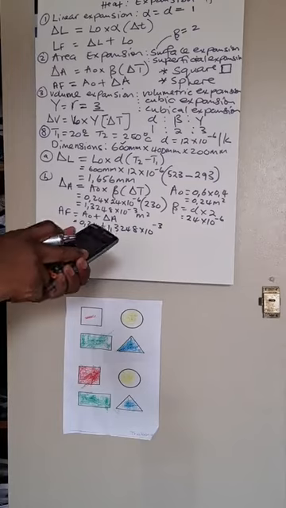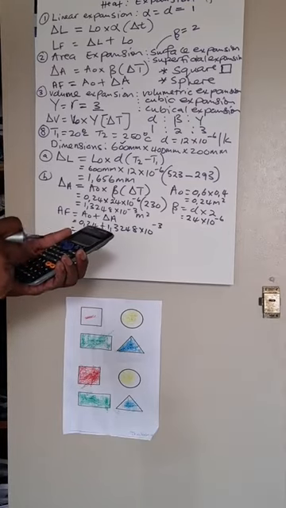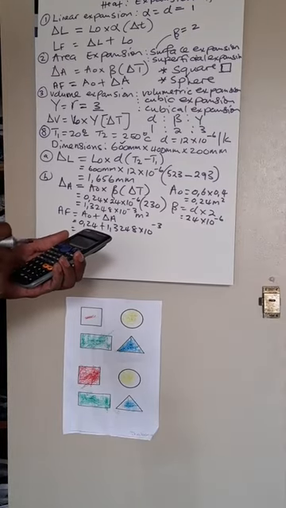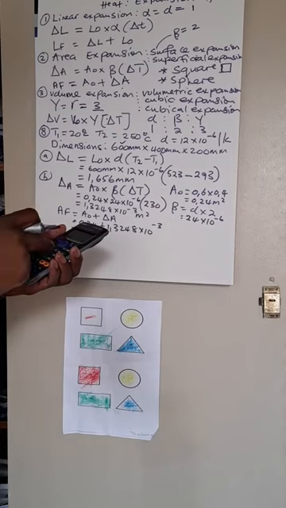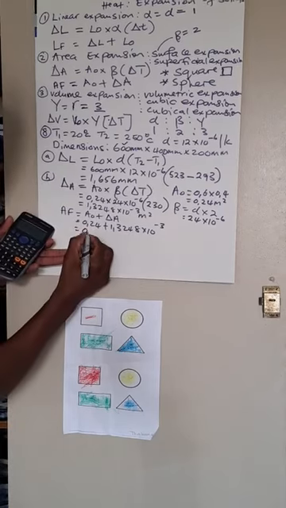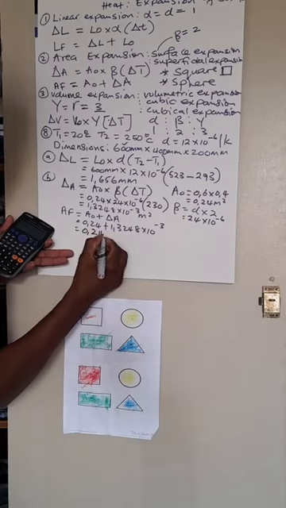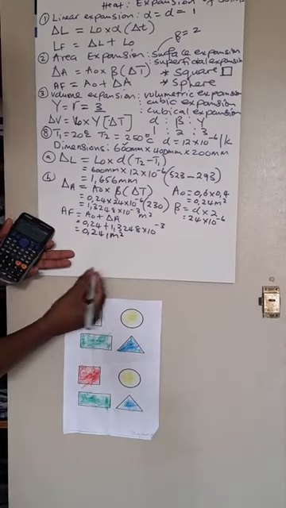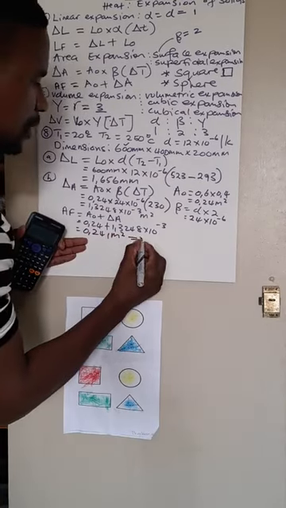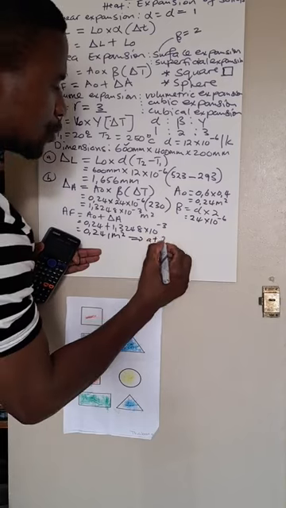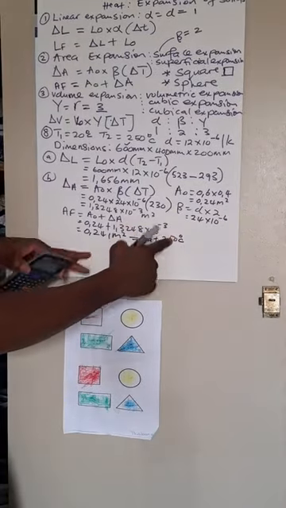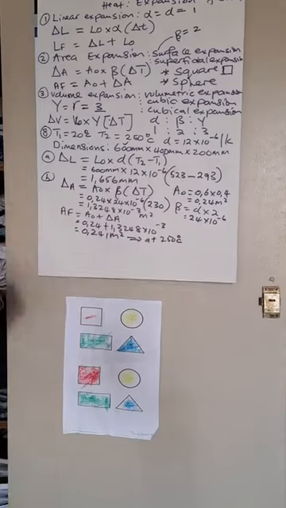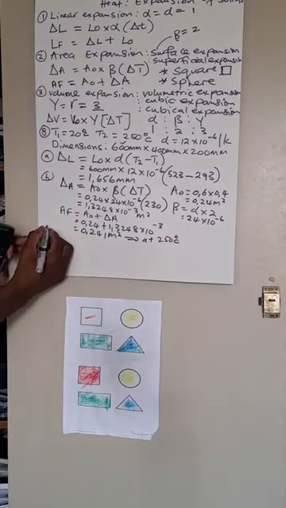So 0.24 plus 1.324 times 10 to the negative 3. I'm getting my answer is 0.241 meter squared. Therefore, this becomes our area at 250 degrees Celsius, or our final area at 523 Kelvin.